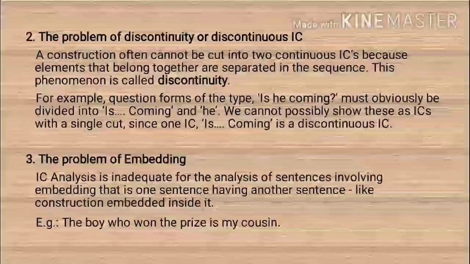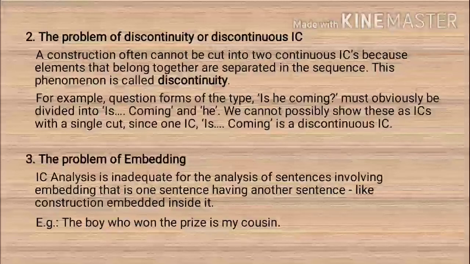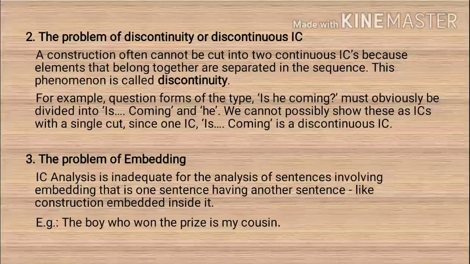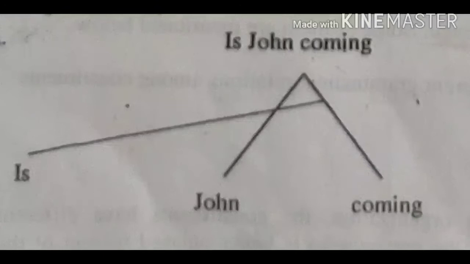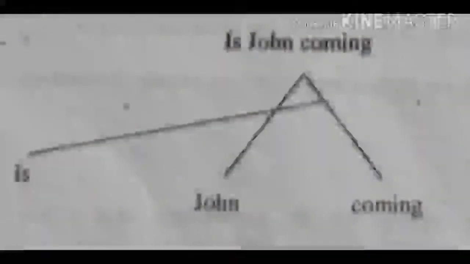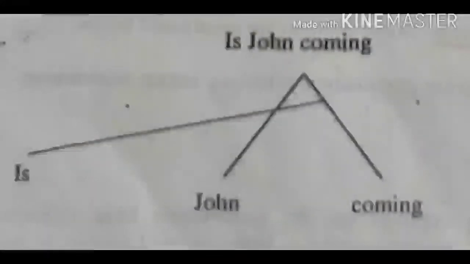For example, question forms of the type "Is he coming?" must obviously be divided into is, coming and he. We cannot possibly show these as ICs with a single cut, since one IC, is coming, is a discontinuous IC.